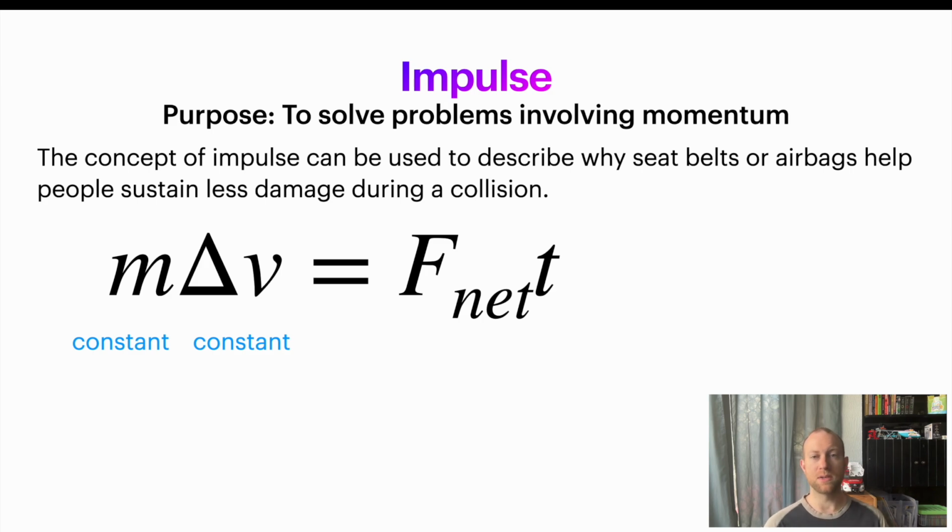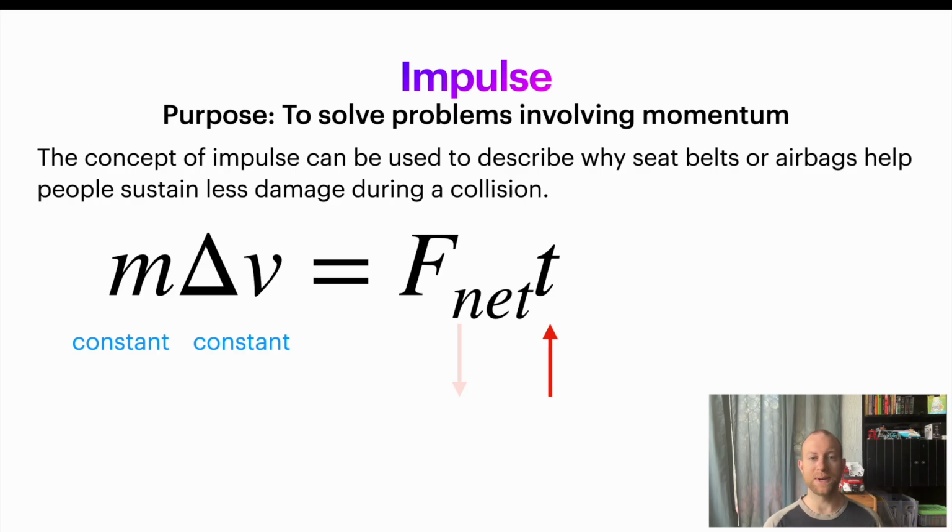What does change though is that when you come to a stop, the amount of time increases when you have a seatbelt. Consider this: if you get into a car accident, the seatbelt slows you down a lot longer than if you were to hit the steering wheel, which would be an instant stop. Looking at this equation, because mass times change in velocity is constant, if I increase time, that will increase the right-hand side of the equation.